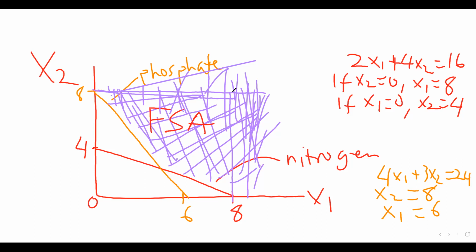Okay, let's move on. Now we have the statement that we need the vertices. One of the vertices is this. This is the first vertex. That point that you see here is one of the vertices.